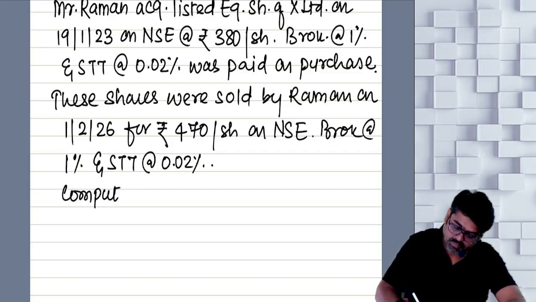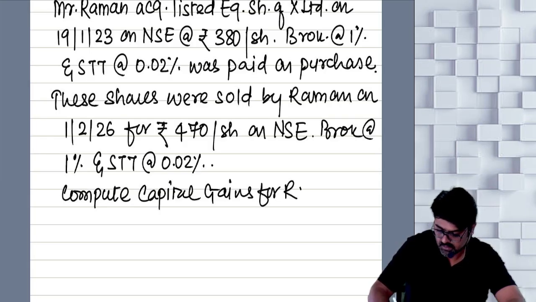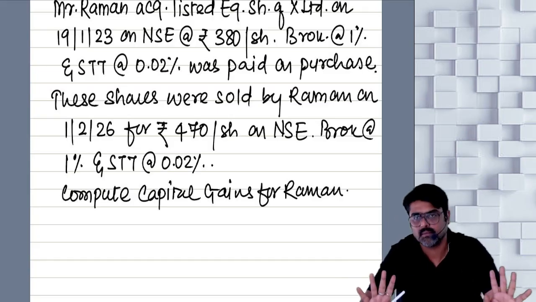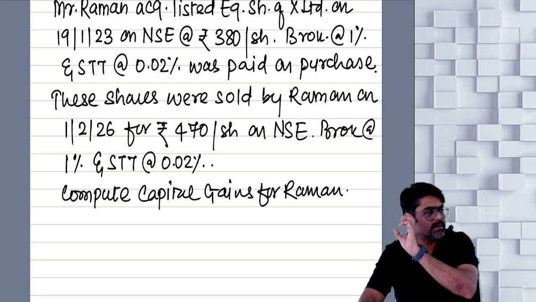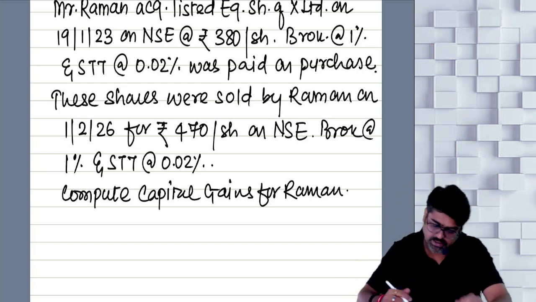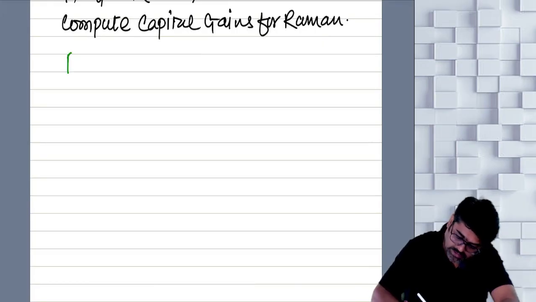Compute capital gains for Raman. Very simple. This is the most simplest question which can be asked. Now here, what is the name of the assessee? Raman, so we'll take Raman.